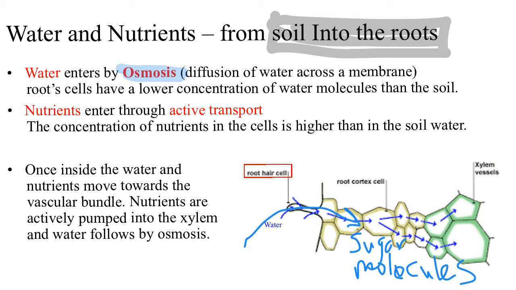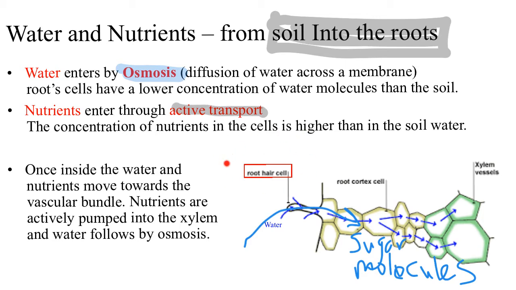Nutrients, on the other hand, are drawn into the roots via active transport. And the reason for that is there's a lot of nutrients already in the cells. There's a lot of molecules already in the cells. And so you need to put a little bit of energy to force those nutrients into the cells. And so all of this is going to be happening primarily at the root hair cells.